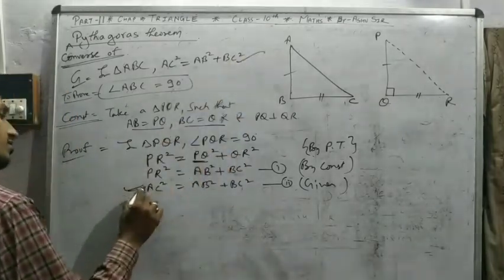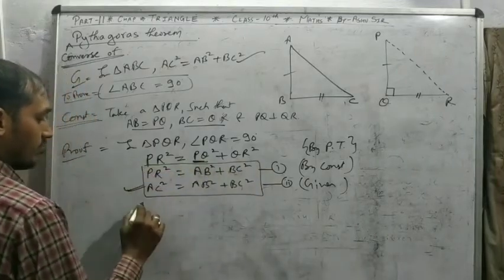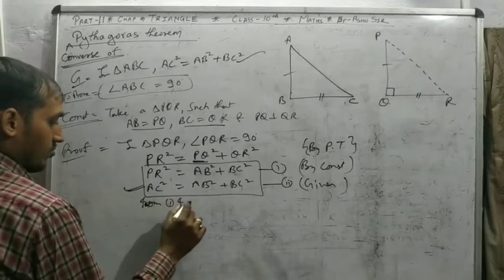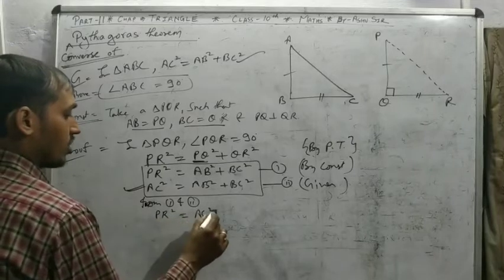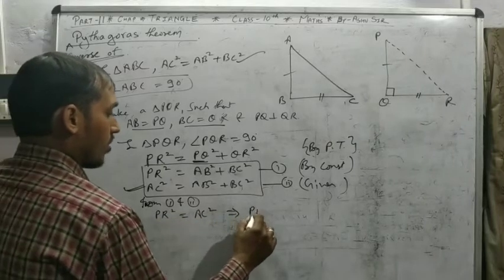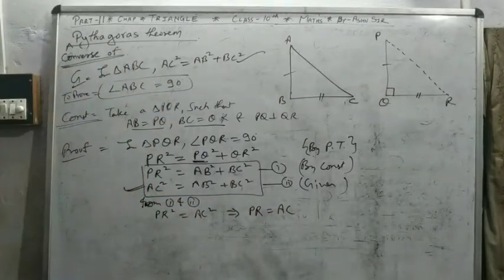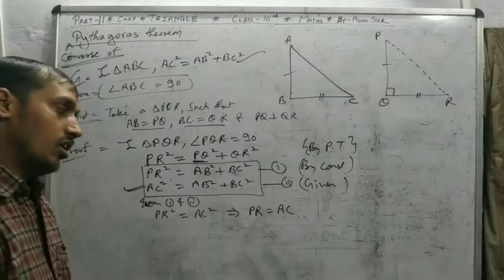It is given. So from equation first and second, if you see them, PR square is equal to AC square. That means PR is equal to AC, taking square root on both sides.